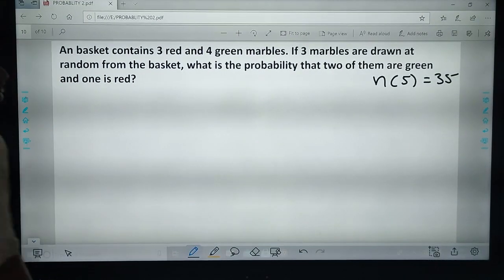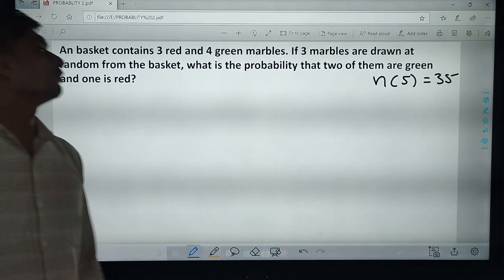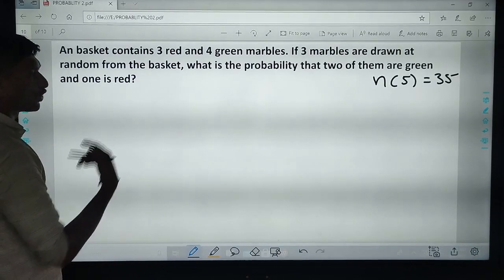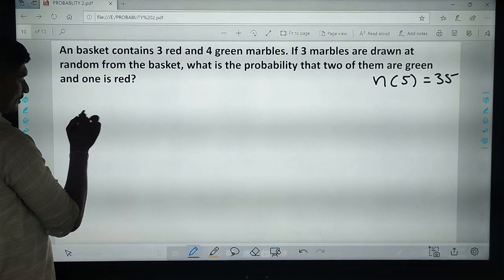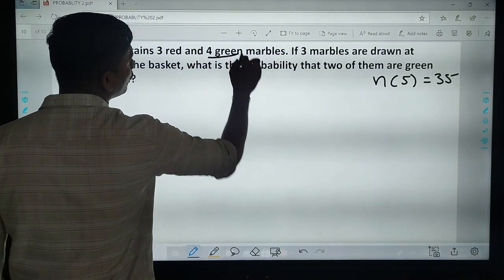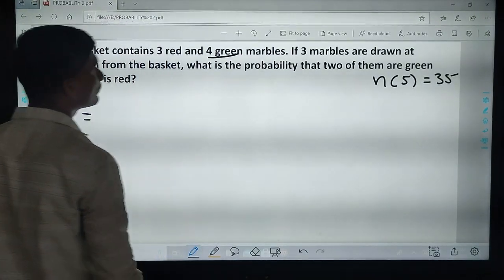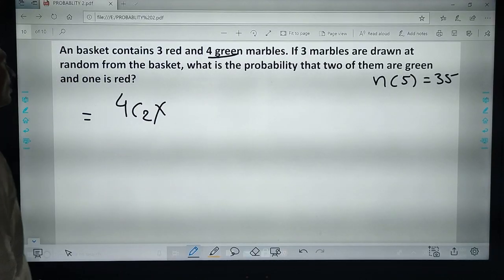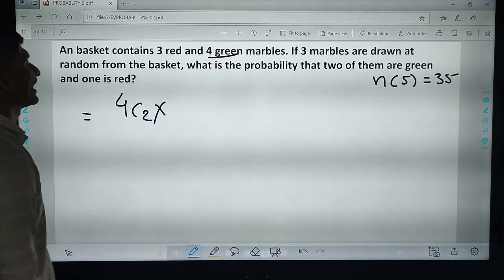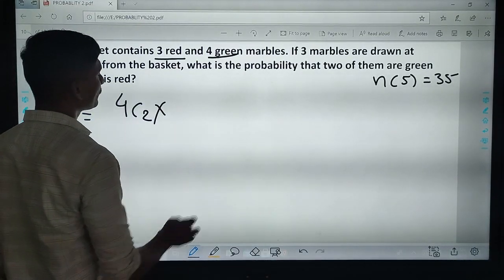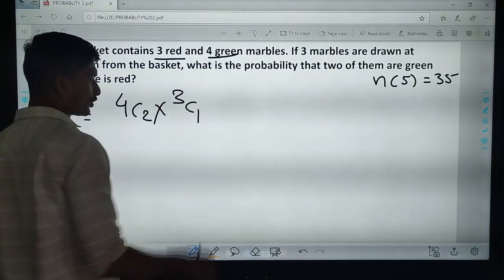Now here we find your event: 2 of them are green and 1 is red. 2 of them are green: total green balls are 4, out of 4, 2 green balls are drawn, then 4C2. And 1 is red: there are 3 red balls, out of which 1 is drawn.